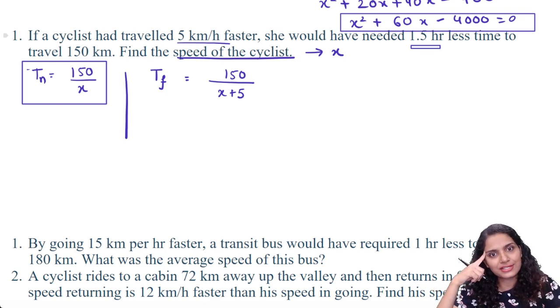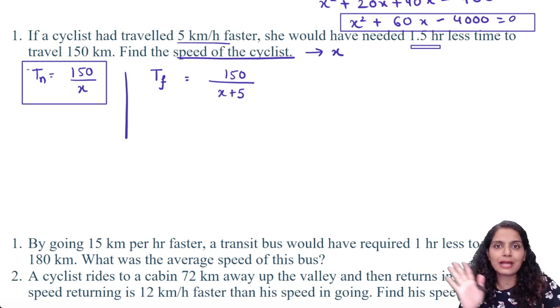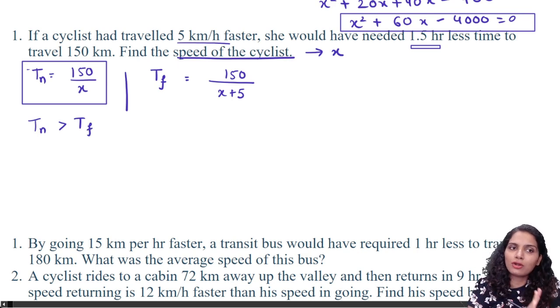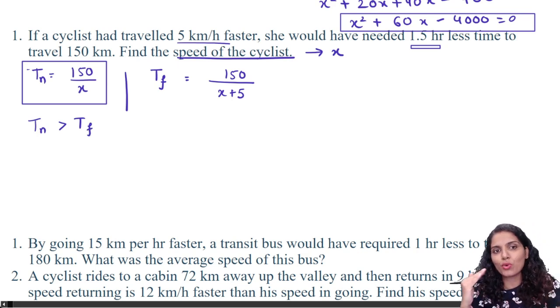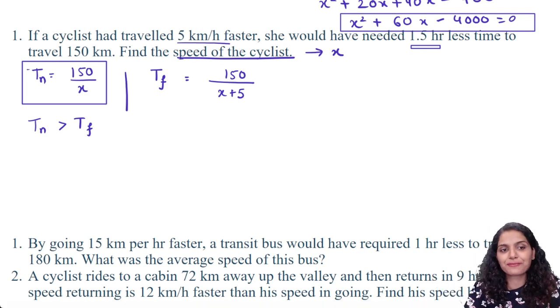In the first case, right? Because in the second case, when you are increasing the speed, the time should be less. So I can say here that yes, Tn is greater than Tf. That is, time in the normal condition is of course more than the time in the faster case.